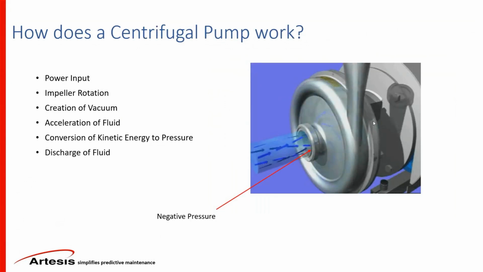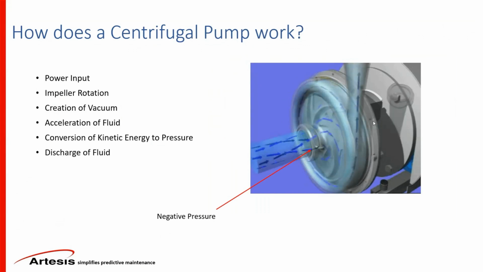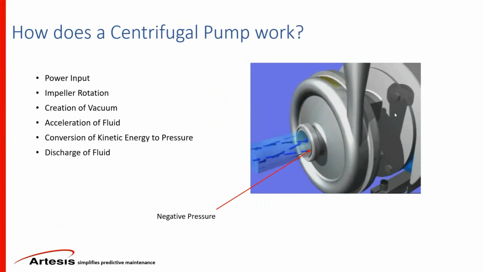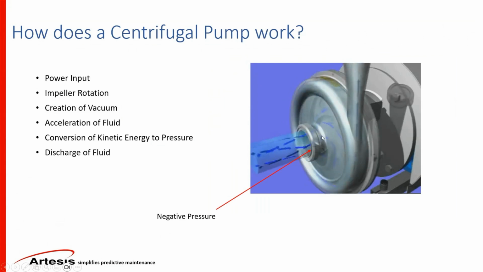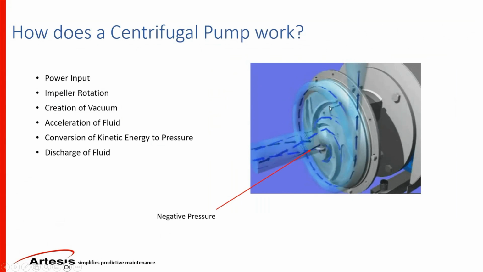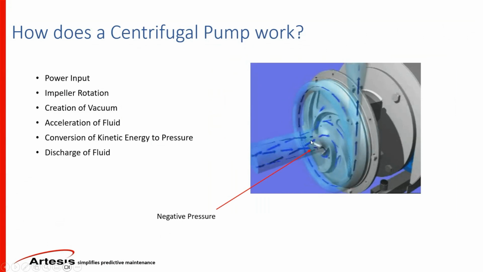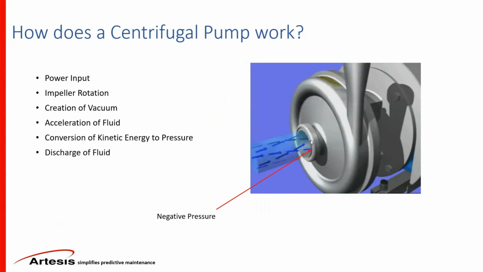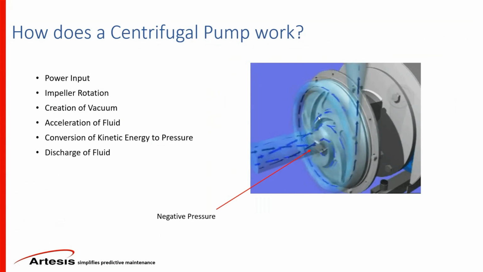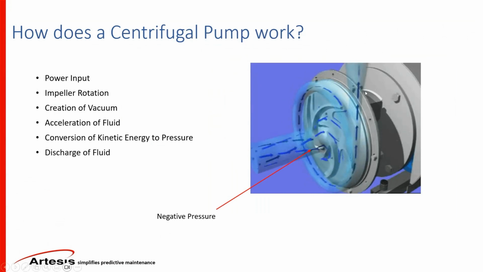So, the first and the biggest component of any centrifugal pump would be the impeller. Through the impeller, you create the rotation, and with that, you create kinetic energy, which will start rotating the fluid here. And through the eye of the impeller here, you will create a negative pressure, which will create the suction power of the fluids, and then the rotation will, through the casing of the pump, discharge the fluid.